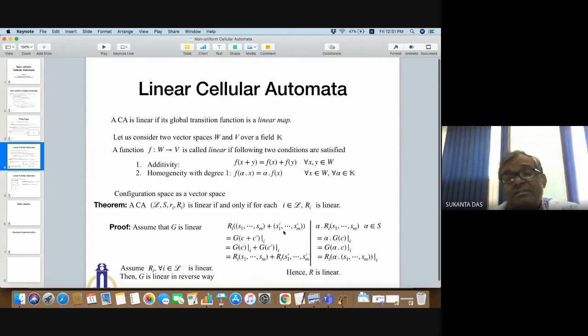Here s1 to sm I get from configuration C, and s1 dash to sm dash I get from C dash, and this is applied over cell i.